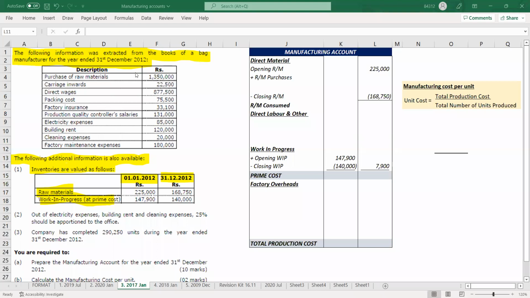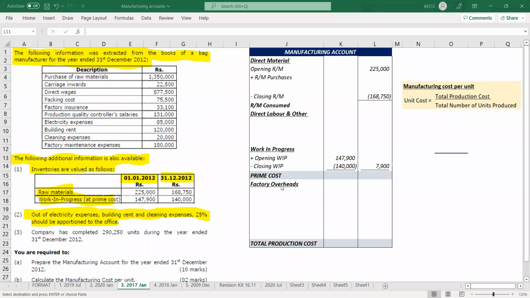Okay. Now, the next item, out of electricity expenses, building rent and cleaning expenses, 25% should be apportioned to office. So the remaining 75%, we have to allocate to the factory. Electricity.